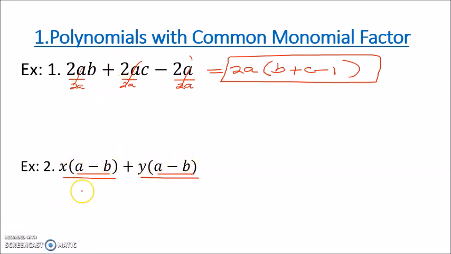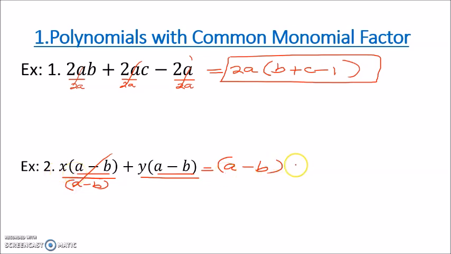So, just like in number 1, ilalabas natin yung common. So, this becomes a minus b kasi yan yung common. Lagyan natin ng parentheses. Kasi isang group. And then, etong each term na ito, i-divide natin sa a minus b. Ayan. So, cancel out yan.